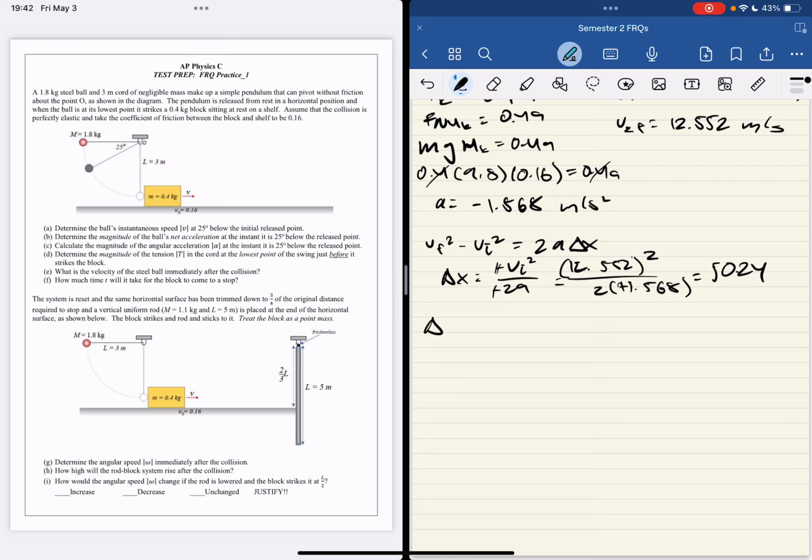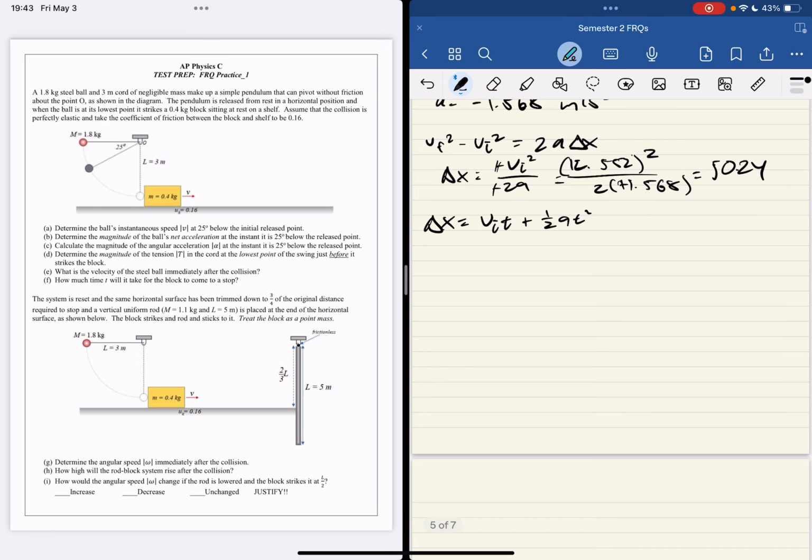Now I'm going to set up this equation, at squared, and then we'll solve for t, for time. That's what they're asking for. So we have 50.24 is equal to 12.552t. And I'll just put the negative in right now. Negative 1/2 of 1.568 t squared.